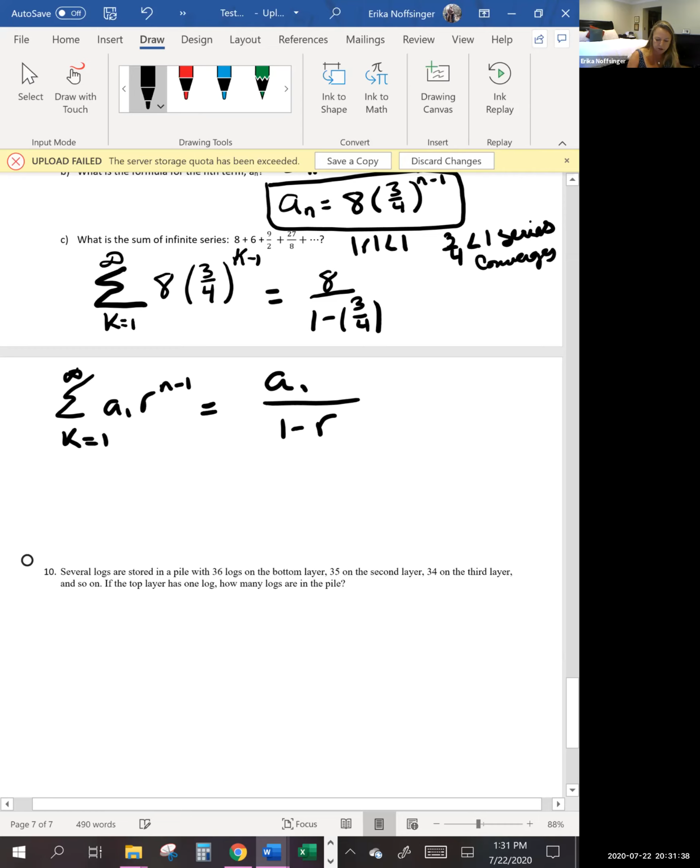So this is equal to 8 all over 4/4 minus 3/4, getting a common denominator down here, which is 1/4. So this is equal to 8 times the reciprocal, which is 4. So 8 times 4 is 32.